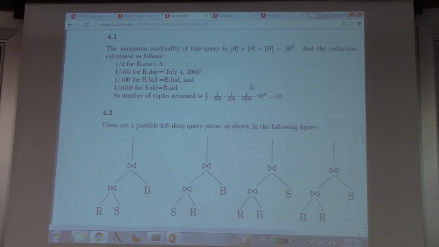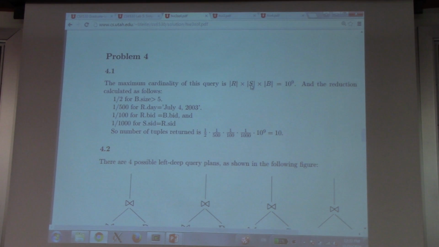Okay. Problem 4 is on selectivity estimation. It's basically on query optimization, right? Remember, in query optimization, unless otherwise specified, if there is no histogram provided to you, you will assume simply a uniform distribution. That's essentially the gist of the problem, right?